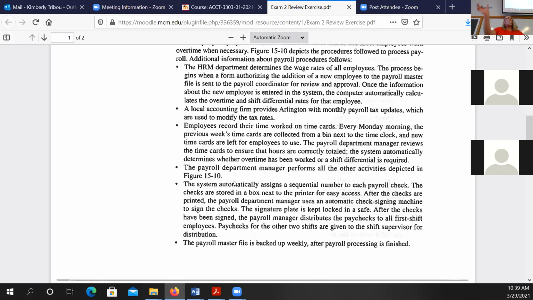So when you're able to see all of the numbers in a sequence, and that's true of invoices for the sales and cash receipts process, receiving reports, the bills of lading, things like that, it allows you to see what documents have been issued, whether any documents have been issued in duplicate, and whether any documents are skipped.